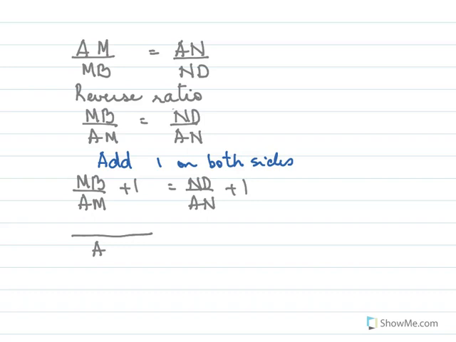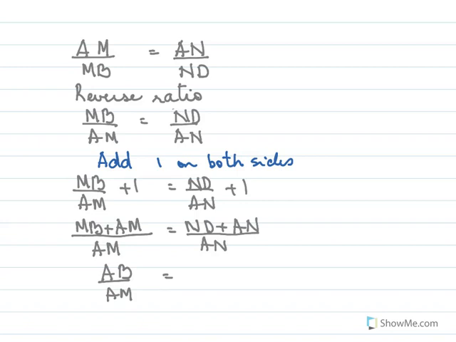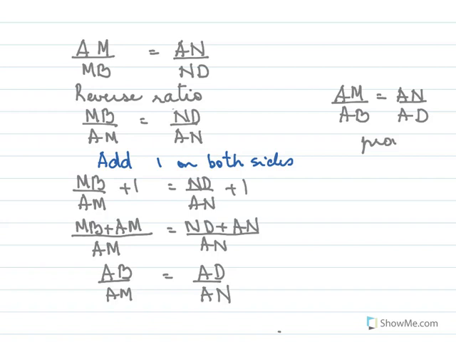We take the LCM, so we have MB plus AM over AM, and ND plus AN over AN. If you look at the figure, MB plus AM is AB, and ND plus AN is AD. So we have now AM over AB equals AN over AD, proved.